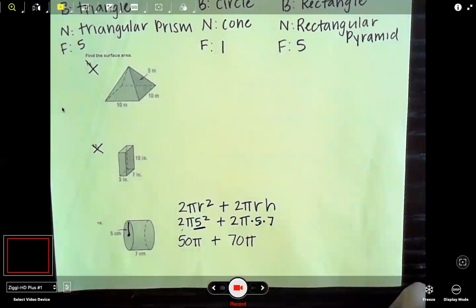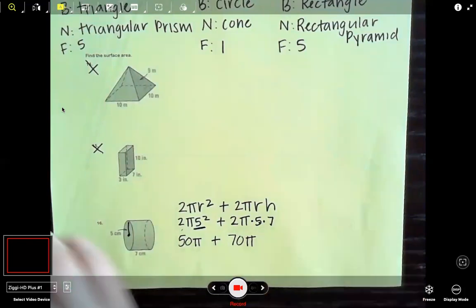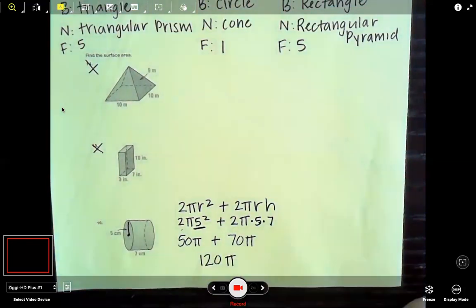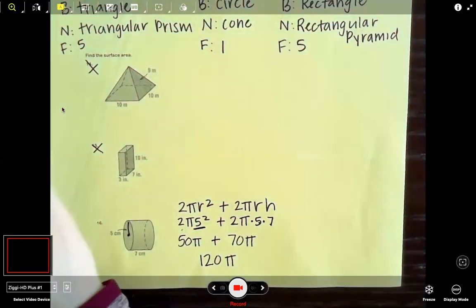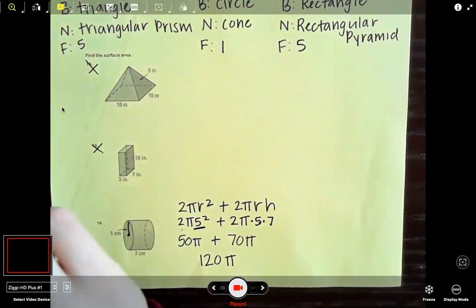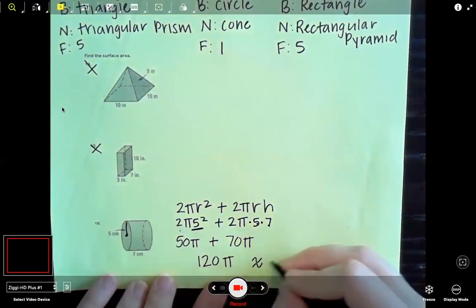Now we have to do 50 pi plus 70 pi. 120. Yep. And now take 120 times 3.14. 376.8. So if we round to the nearest whole number, can we say 377? Yeah. Okay.